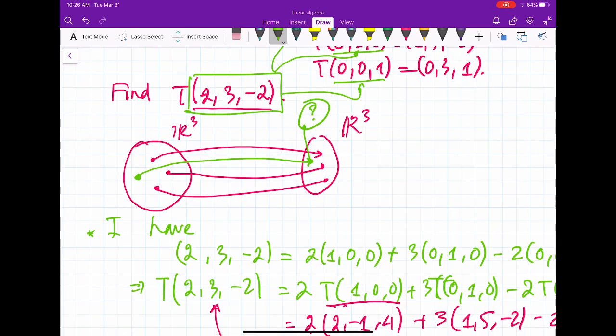Of course, sometimes you cannot express the vector as a linear combination of the given ones. In that situation, the problem is unsolvable. That means we don't have enough information to determine the image of this vector.